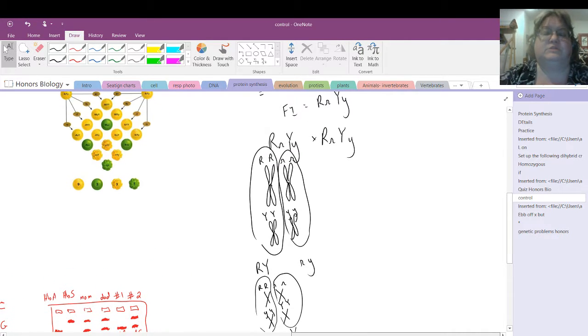But you can also do this in a somewhat mathematical way, looking at all the possible combinations. A lot of people like to think of how they learned FOIL in their algebra class, and it's similar. You could say, okay, I could take this big R with this big Y, this big R with this little y, a gamete that has this little r and big Y, or this little r and this little y.